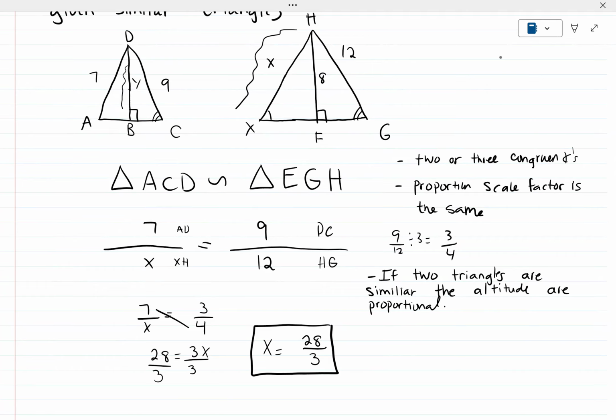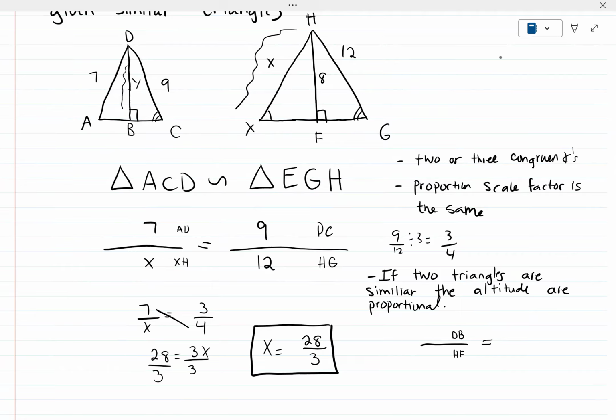Okay, so now we have to find y. We can set it up like this. Maybe we could do the altitude of DB and then the altitude of HF.